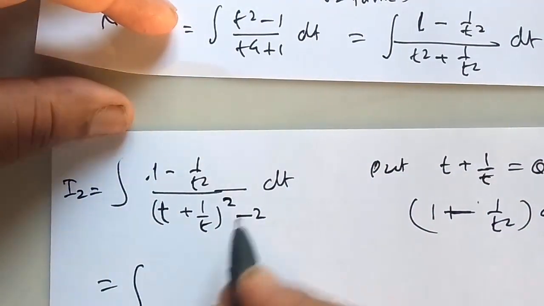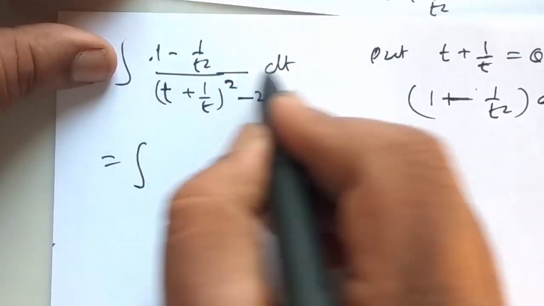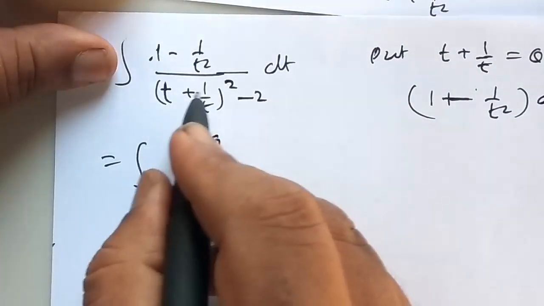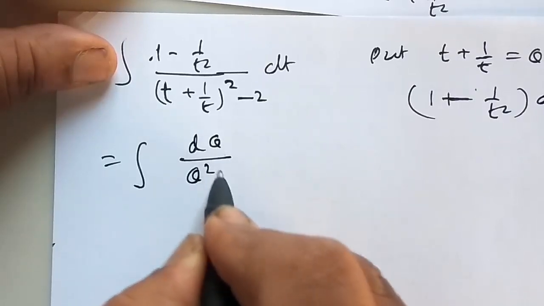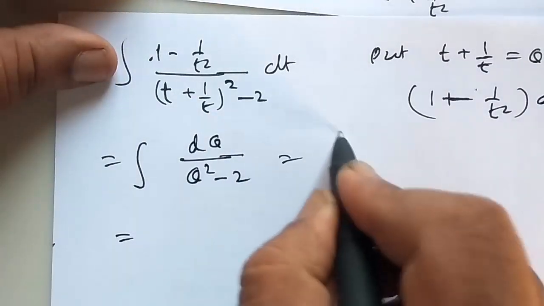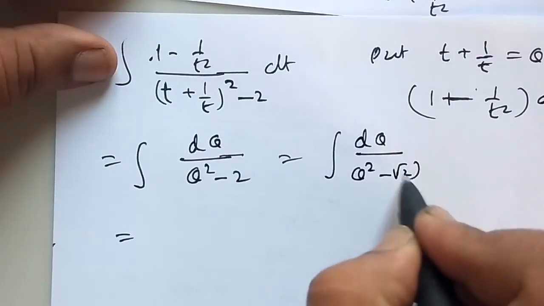Therefore, this is equal to d theta upon theta square minus 2, that is d theta upon theta square minus root 2 square.